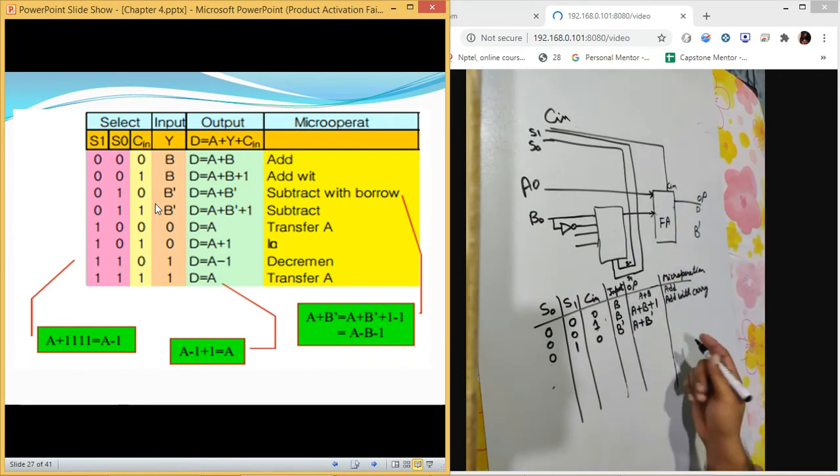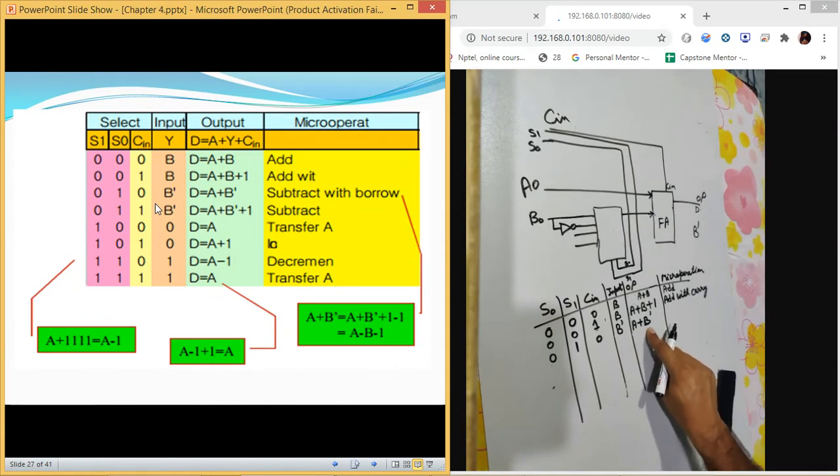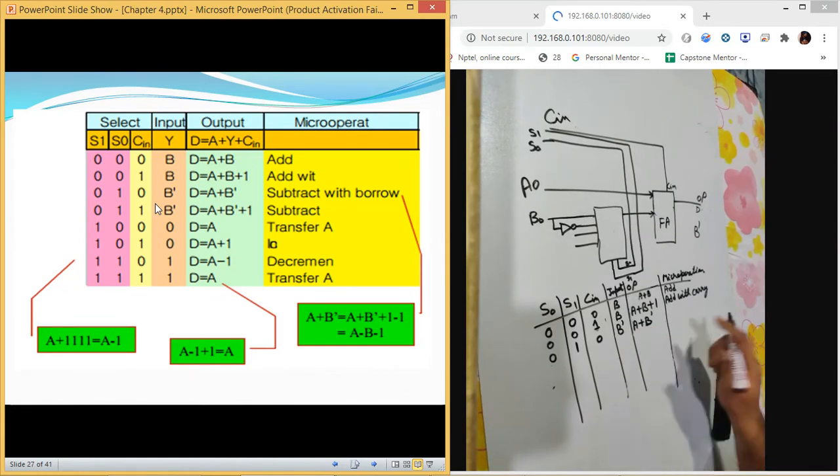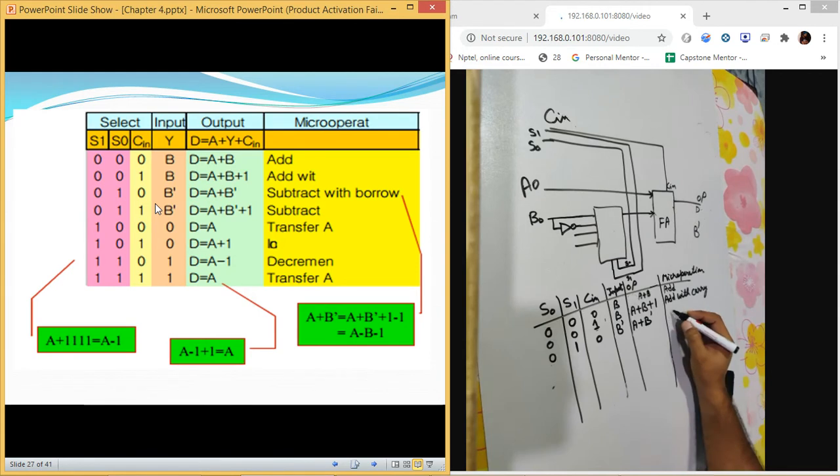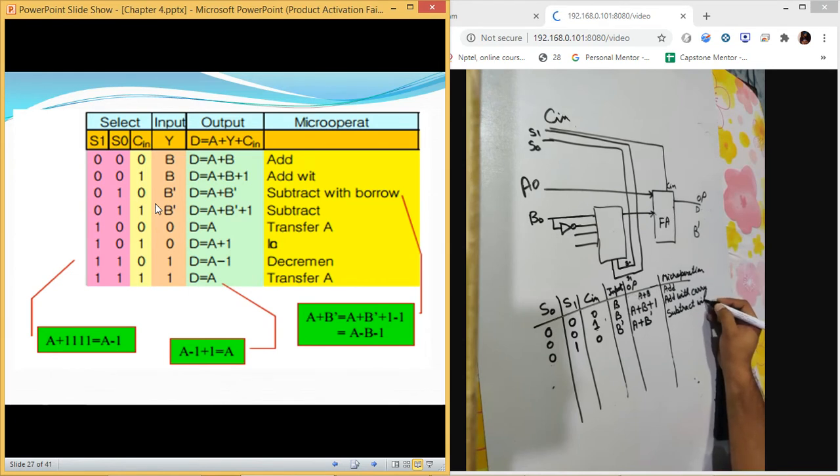Because Cin is 0, it will simply perform A plus B bar. So it is known as subtract with borrow, because we need to get a value from the other side. That is why it is known as subtract with borrow.